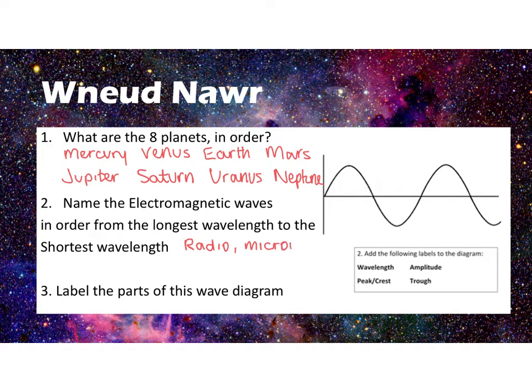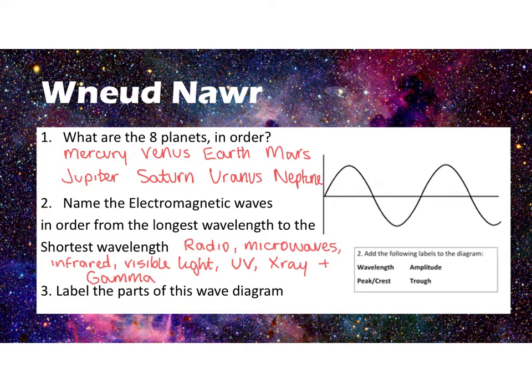So it's radio waves, microwaves, infrared, visible light, ultraviolet, which I'm going to shorten to UV, X-ray, and gamma.